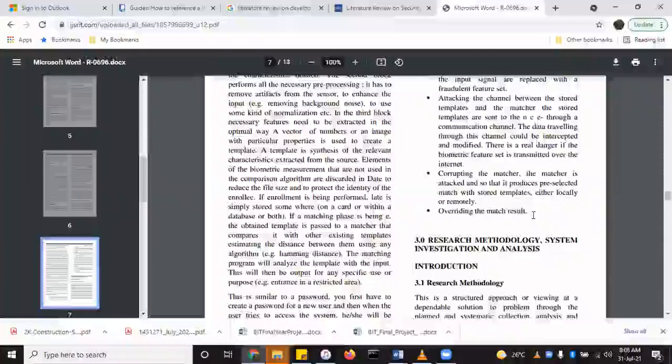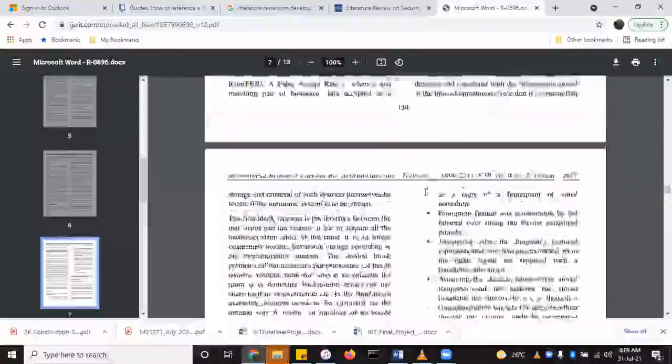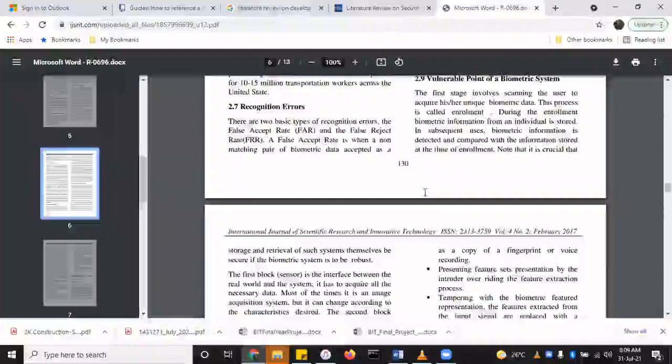He's not going overboard. He's still limiting it to his problem statements as well as his objectives. Are we good? So guys, that's what I want to be seeing from your reports. This is just an example. There are a whole bunch of other examples you can go through. I'm just going through this for illustration purposes.